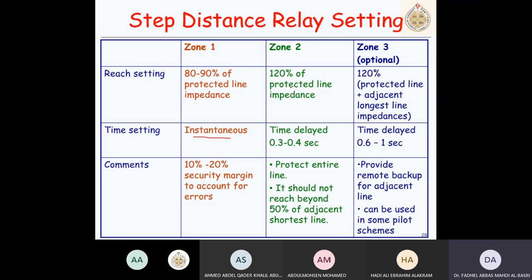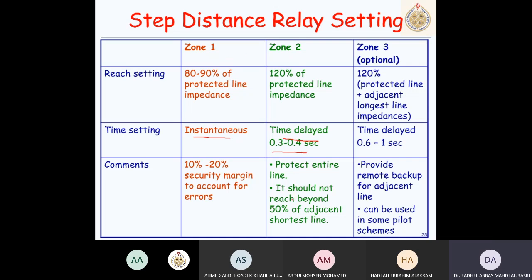Zone 2 is set at 120% of the protected line. It is time delayed by 0.3 to 0.4 seconds, and is provided to protect the line so that 100% of the line is protected when you provide these two zones.